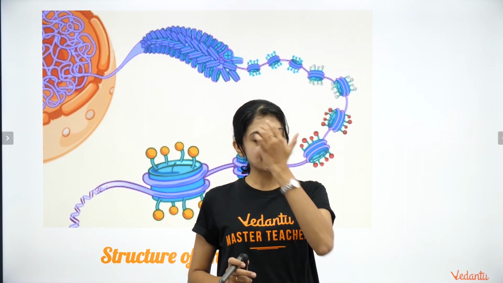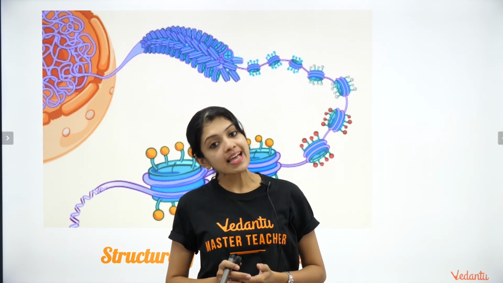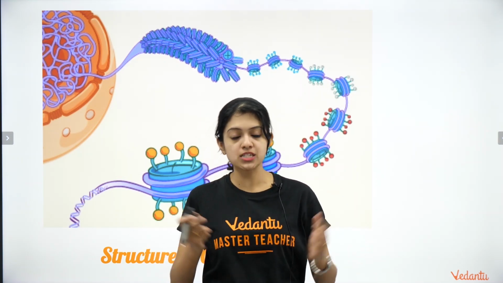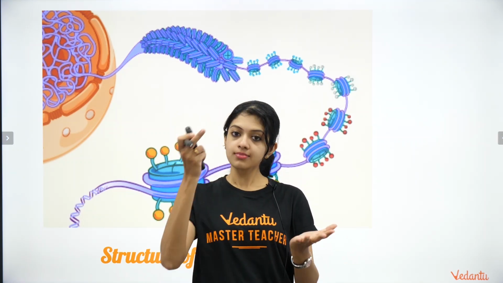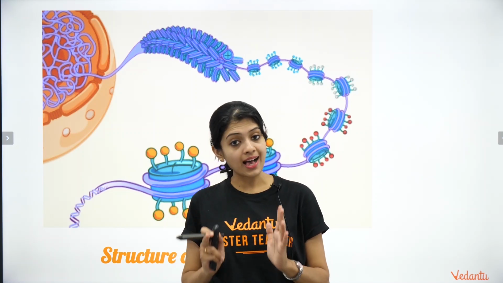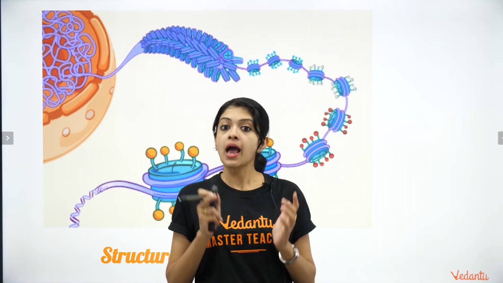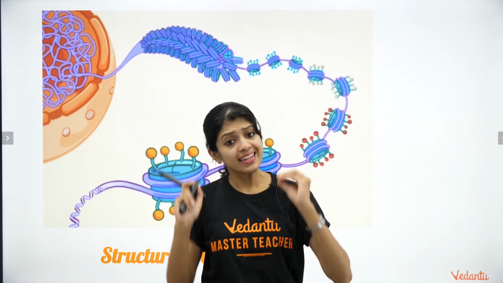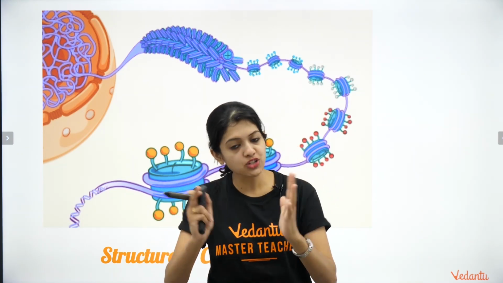Right? So let's get started. As you know, we have already done the chapter cell cycle and cell division, the major topics from that, which were the cell cycle in our first session. Our second session was about mitosis, which all of you really wanted to have a session on, and our third session was on meiosis, which is a little less focused on the ICSE syllabus, but it is still part of your syllabus, right?